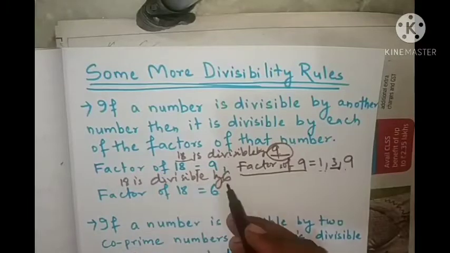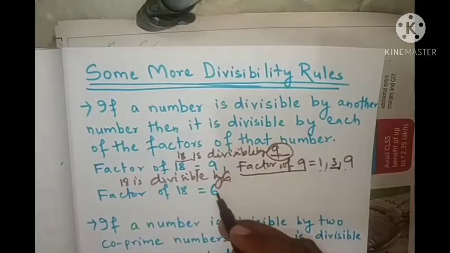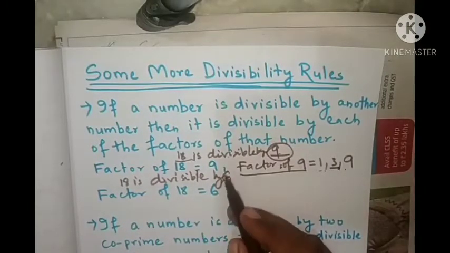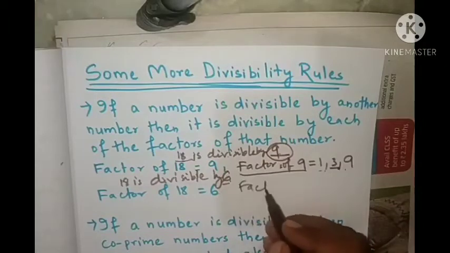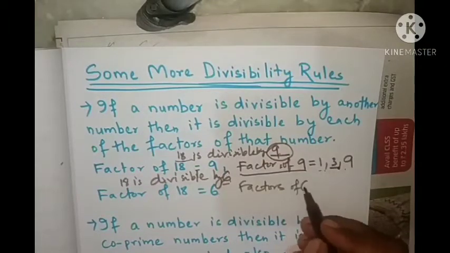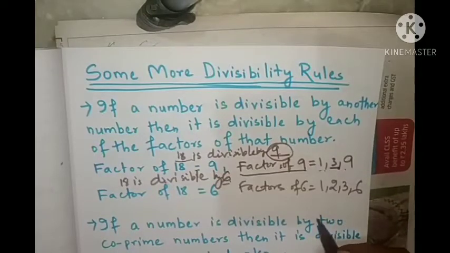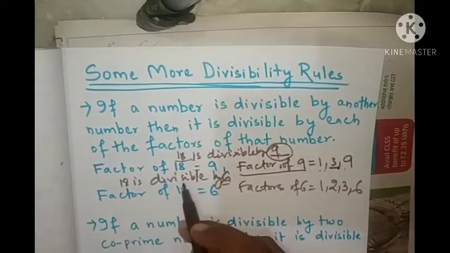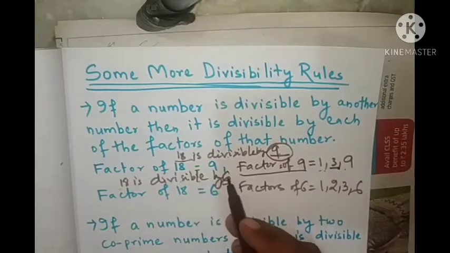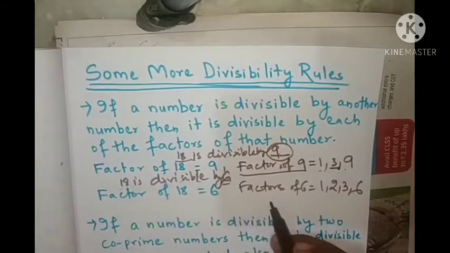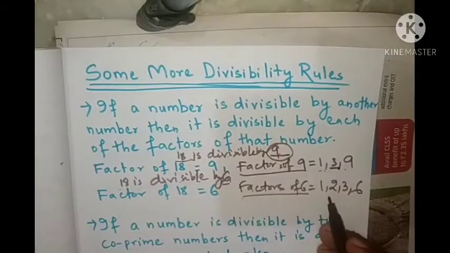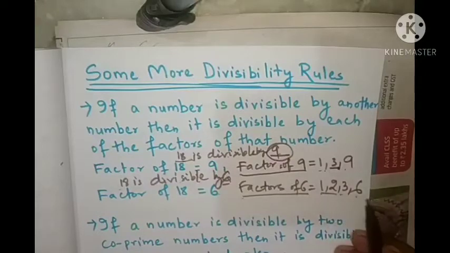Okay, so let's find out the factors of 6. Factors of 6 are 1, 2, 3, 6. If 18 is divisible by 6, 18 is also divisible by factors of 6, those are 1, 2, 3, 6.